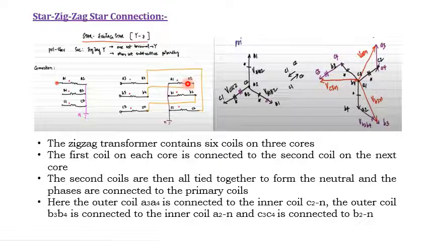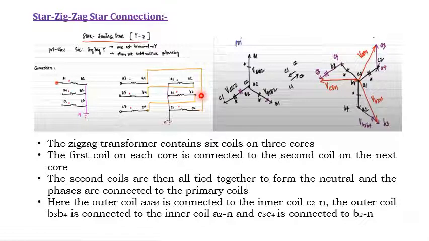Let us consider this star. These 3 windings are starred here. This is grounded, and it is considered as the neutral point, and the remaining A2, B2, C2 terminals are connected with one more set of windings.